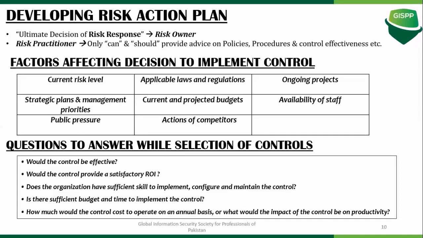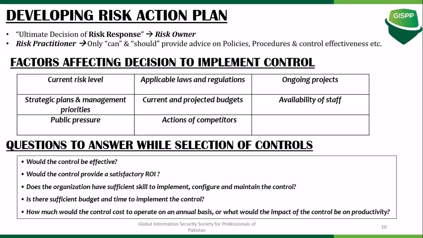But there are certain questions that need to be answered while you select a particular control. These are mentioned over here again, starting from the effectiveness of the control. What would be the satisfactory ROI that your control is going to provide to you? Then, does the organization have the sufficient skill to implement or configure and maintain the control?